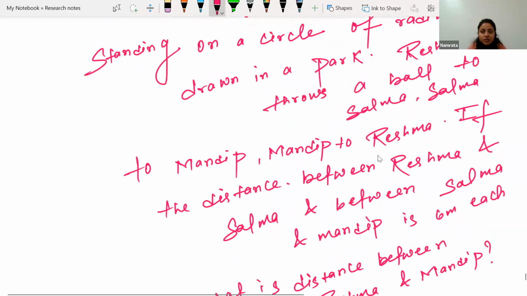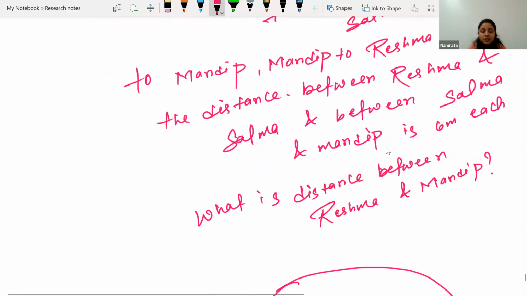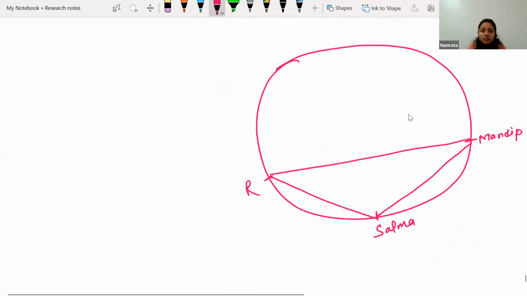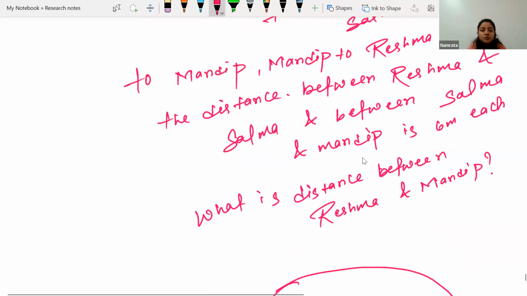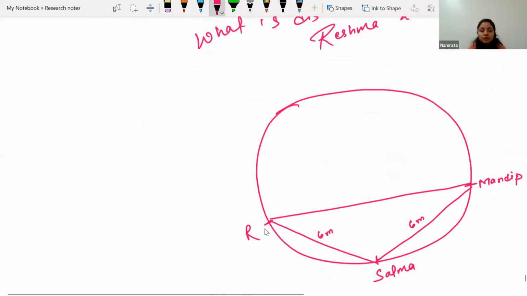Now, what does the question say? The distance from Reshma to Salma is 6 meter. Salma to Mandeep is 6 meter. What is the distance between Reshma and Mandeep? This distance we have to find.